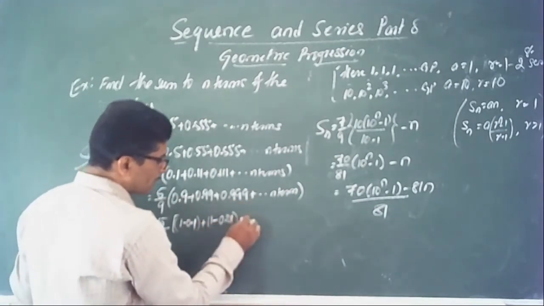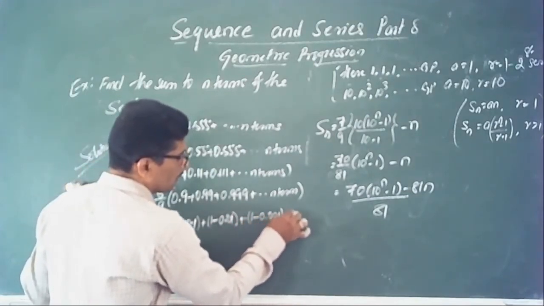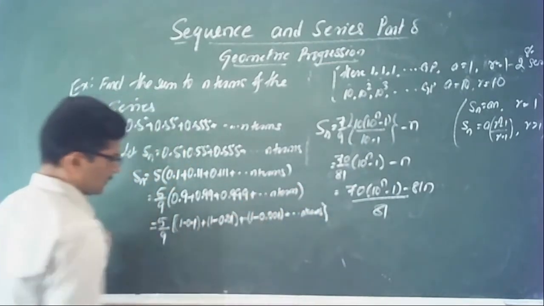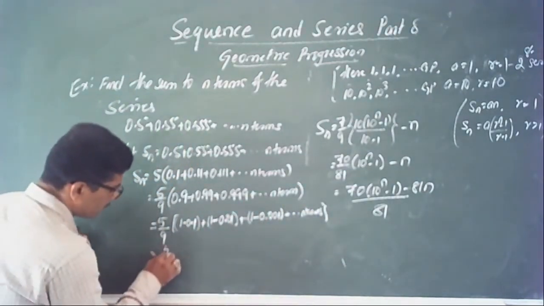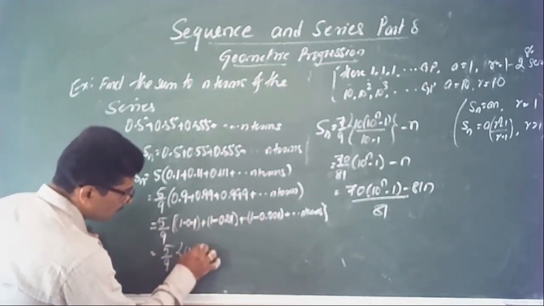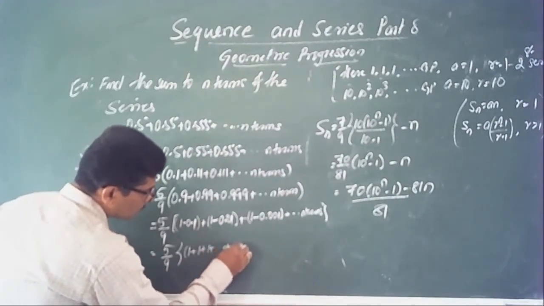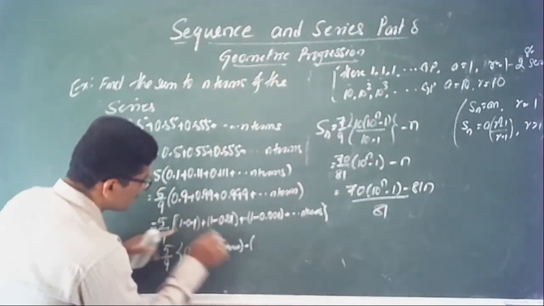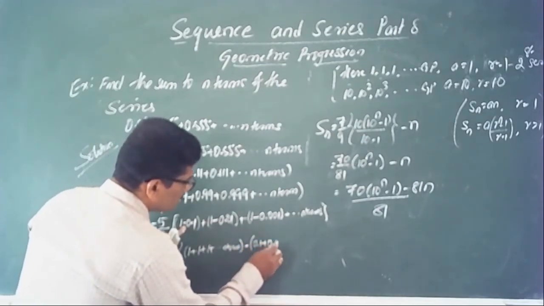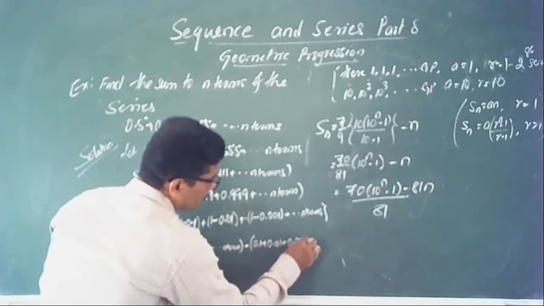Plus 0.999 can be written as 1 minus 0.001 up to n terms. Right? Its value is 5 divided by 9 into, rewriting, 1 plus 1 plus 1 up to n terms as the first series. Taking minus, the second series comes: 0.1 plus 0.01 plus 0.001 up to n terms.